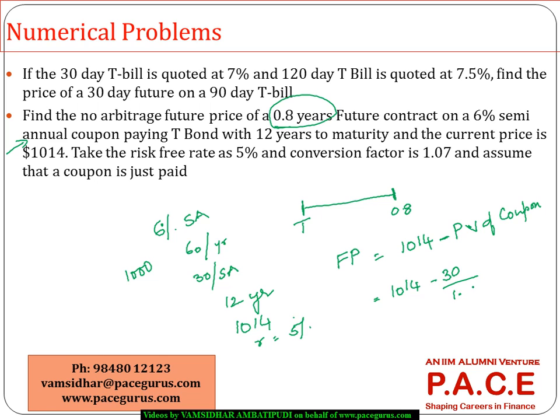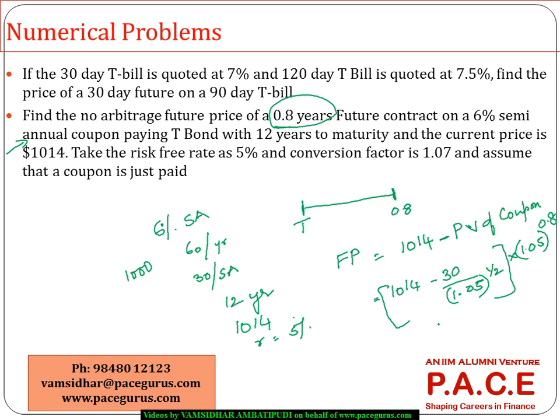So I'll take it as 1.05 to the power half, because this is going to come 6 months from now. So there is only one coupon during this period. I am multiplying this by 1.05 to the power 0.8, because 0.8 years to maturity. So this should be the price of the bond.